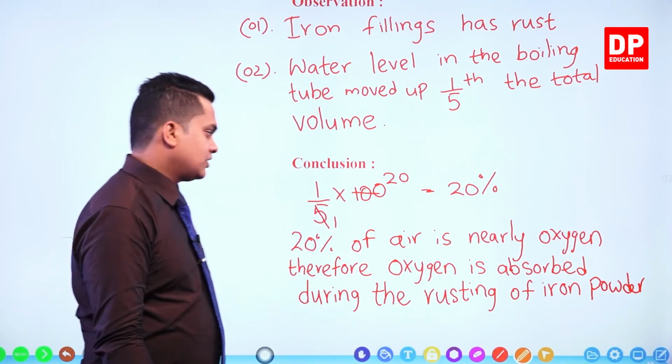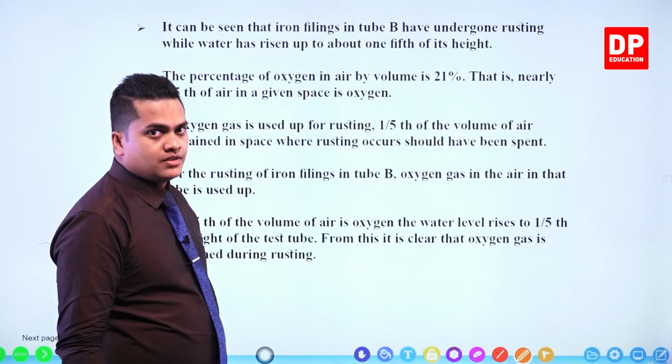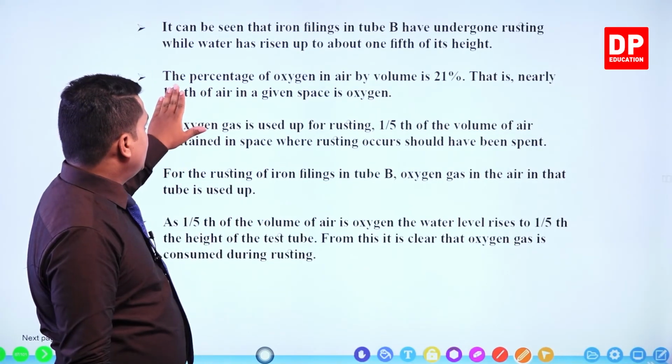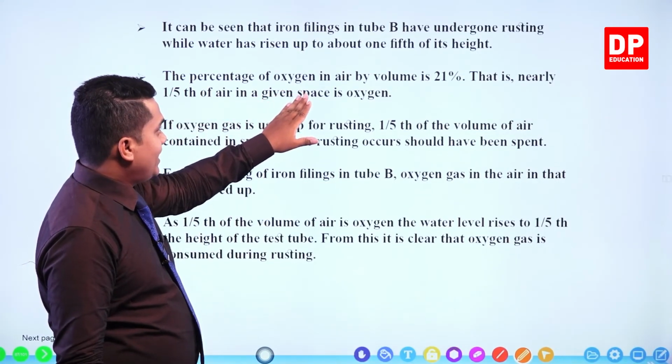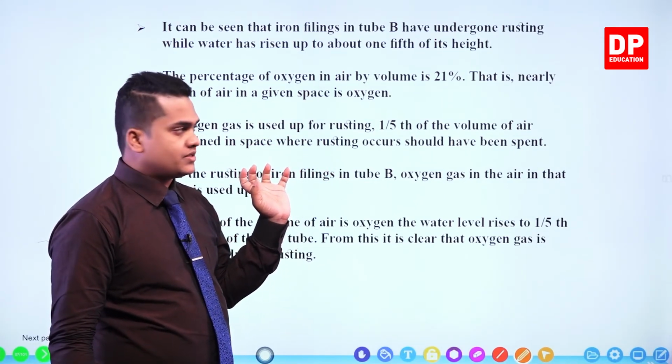Right then. So here the explanation is given. It can be seen that iron filings in tube B have undergone rusting while water has risen up to about 1/5 of its height. The percentage of oxygen in air by volume is nearly 21%.